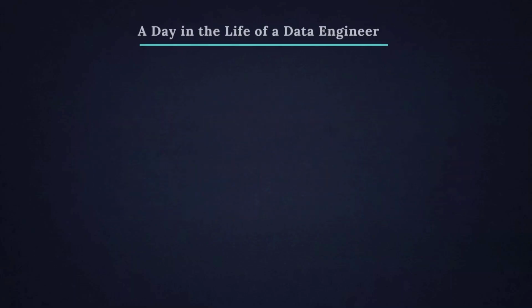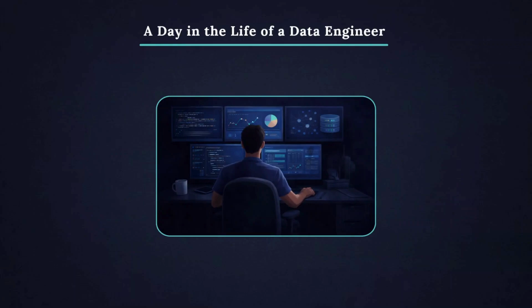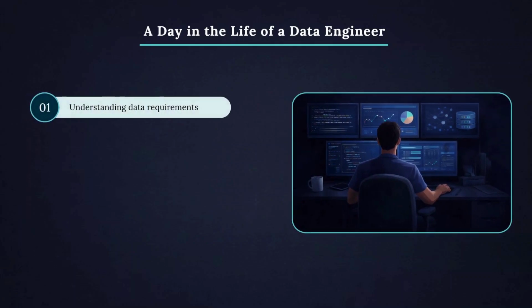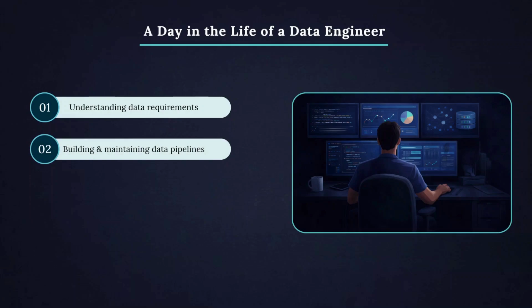Now, let's look at what a data engineer does on a day-to-day basis. A big part of the job starts with understanding the data requirements. That means talking to different teams and understanding what data is needed, what questions they want to answer, and why that data matters. Next comes building and maintaining data pipelines.